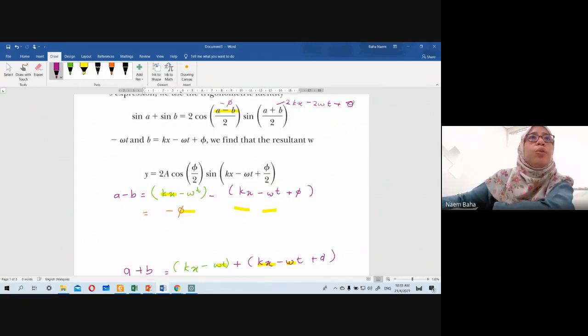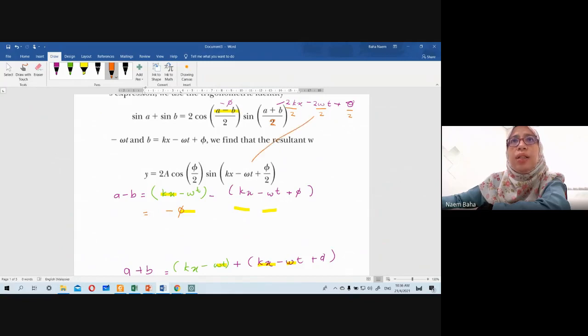Now, so I'm going to introduce another color. So this is number 2 just now. Okay, so let's divide by 2, and then divide by 2. 2kx becomes kx minus now ωt. So look at here, φ over 2, clear?